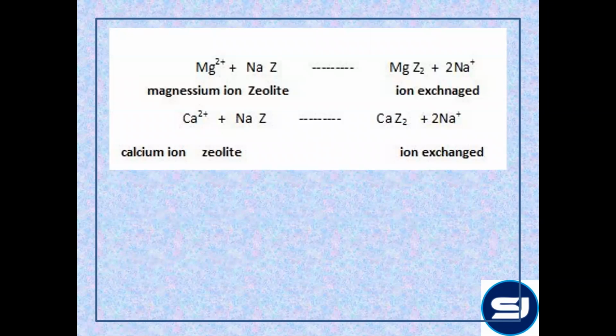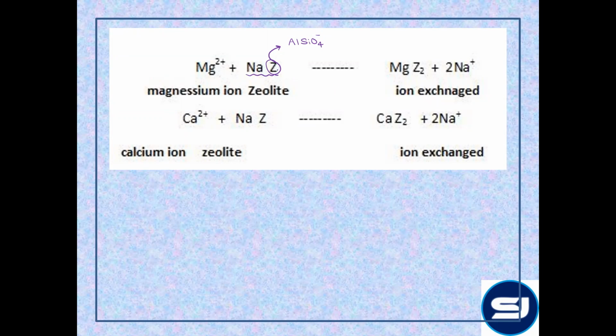So this was the zeolite process wherein NaZ is the zeolite, जहां पर Z relates to AlSiO4 anion, that is aluminosilicate. So basically hydrated sodium aluminium aluminosilicate is called as the zeolite.